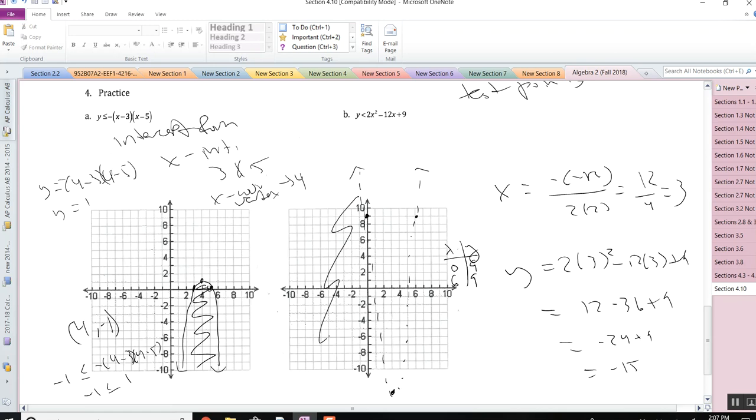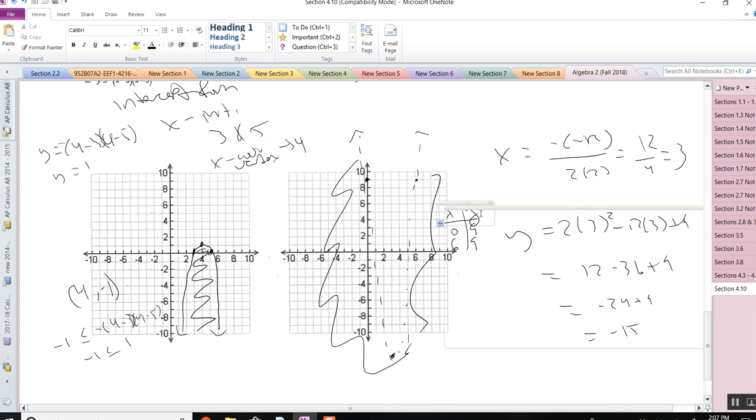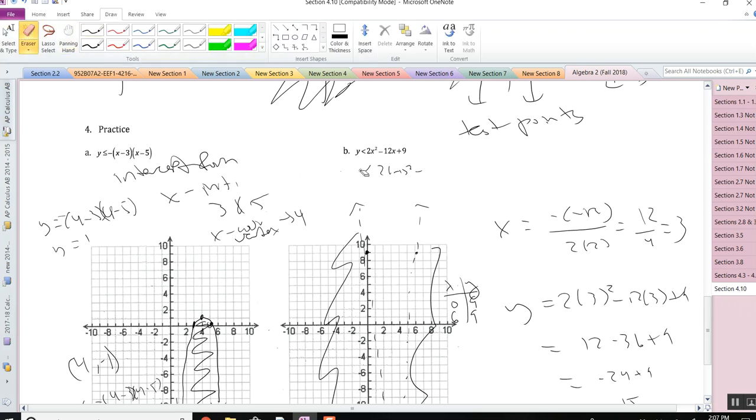And it's less than, the outside. It's like this scenario, less than with a positive. If you test a point like, say, 1, -1, sorry, I meant to say -1, or actually, let's do -1, 1. 1 for y, and 1 for x.